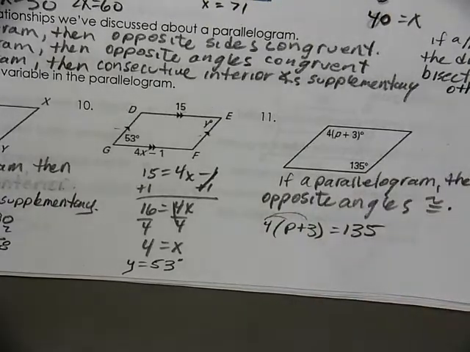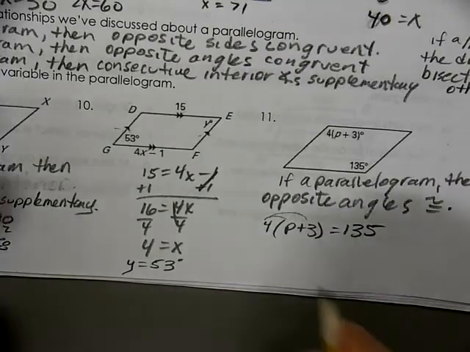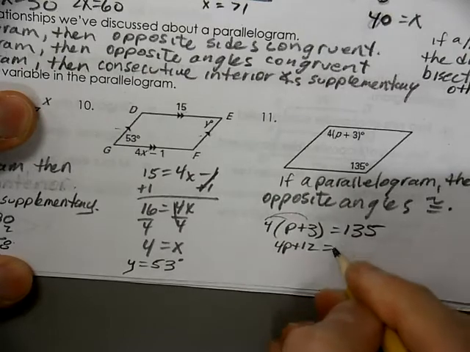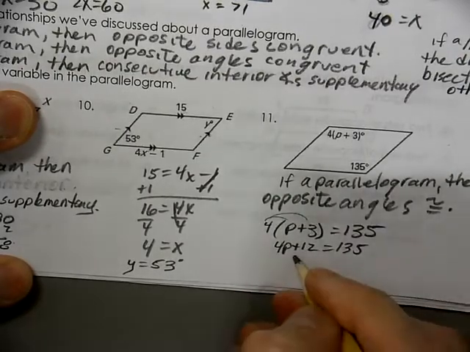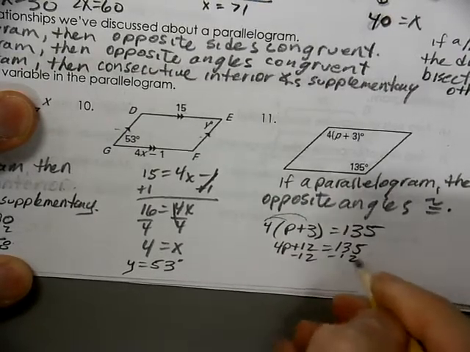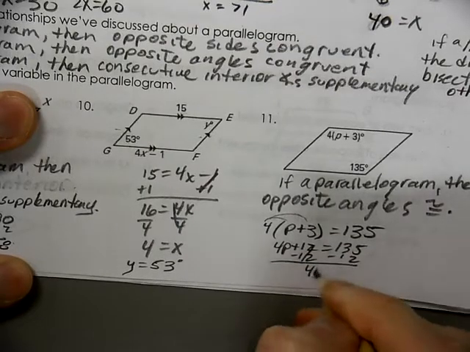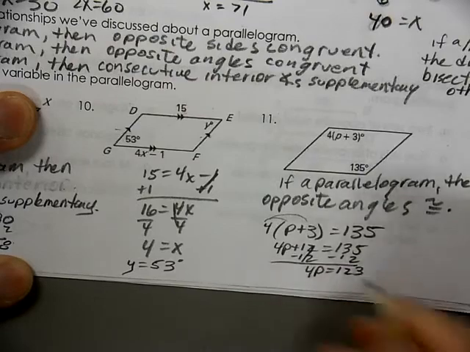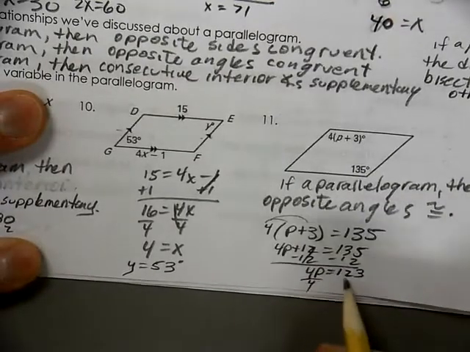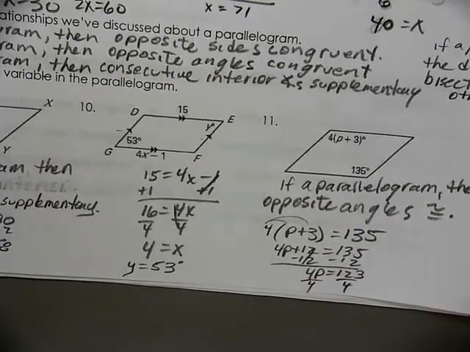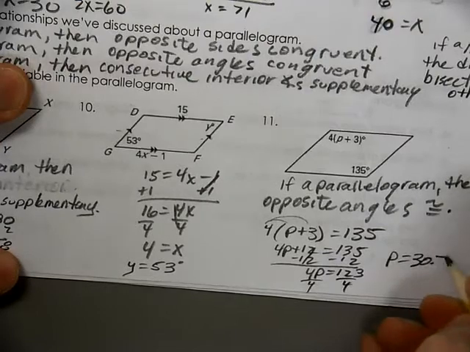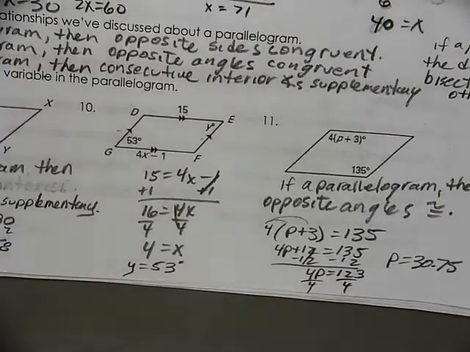So we're going to distribute through. We'll subtract the 12. And when we divide by 4, we're going to get a p-value to be 30.75.